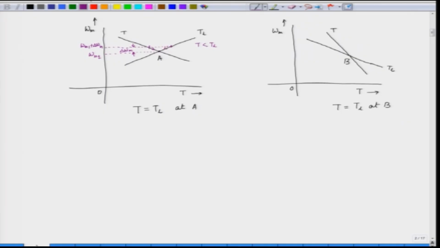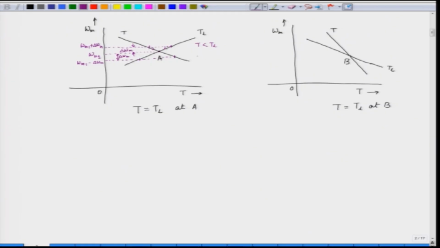Now, let us say we disturb the speed in the other direction by the same amount, delta omega m. We have a new point here, omega m 1 minus delta omega m. At this point, the motor torque is here and the load torque is here.